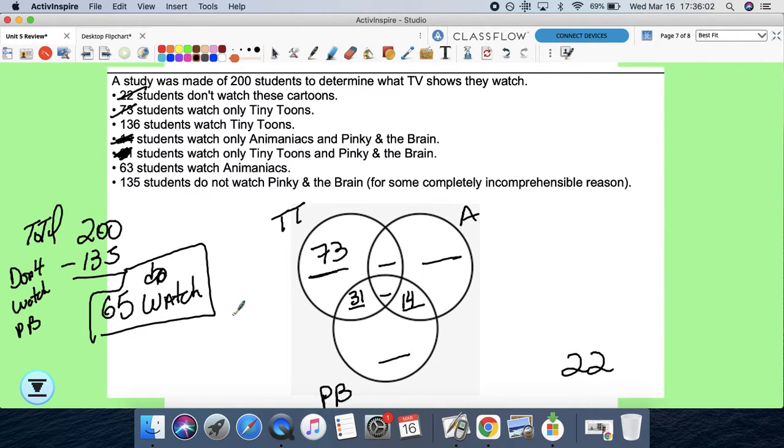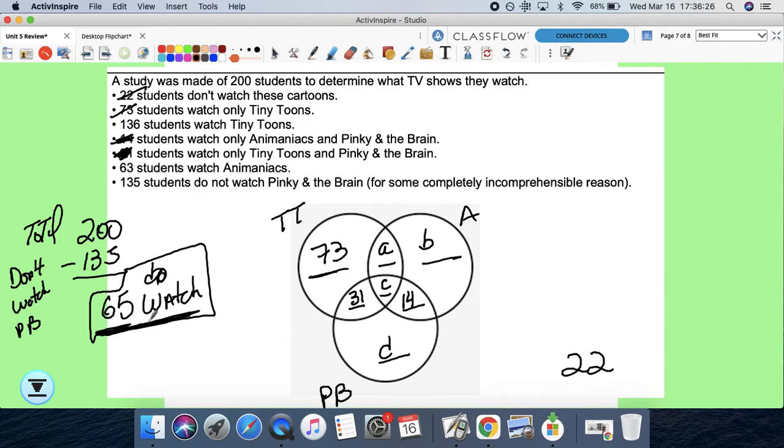So who are the people who watch Pinky and the Brain? It'd be this group here, that group here, that group here, and that group here. Now, it seems like this is it, so I'm going to put letters A, B, C, D, because there's nothing else I can do. This will help me set up an equation.